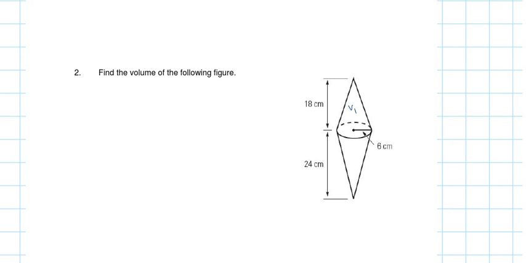Okay? So the given for the first cone, I have that the radius is 6, and the height is 18. And I'm looking for the volume, so it's V1. I know V1 is pi r squared h divided by 3.